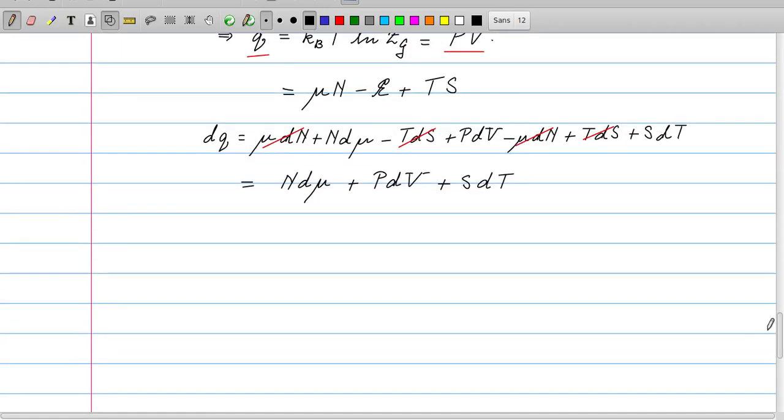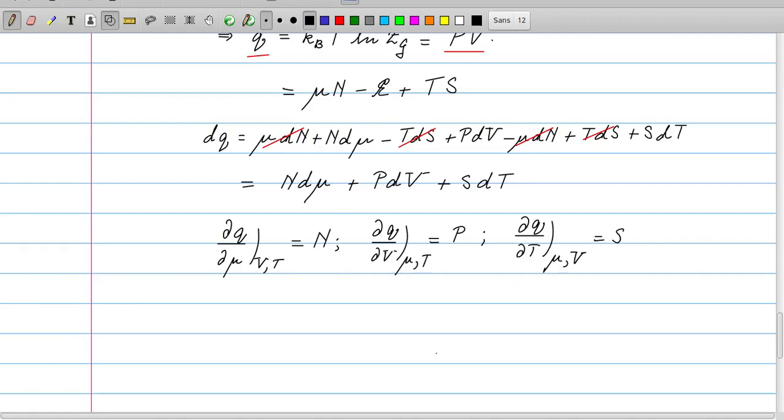And so we see that dQ is an exact differential of these quantities mu, V and T, and we can immediately write that the partial derivative of Q with respect to mu, while we keep the V and the T constant, gives us N, and we obtain similar expressions for the partial derivatives with respect to V and T. So here they are all together.